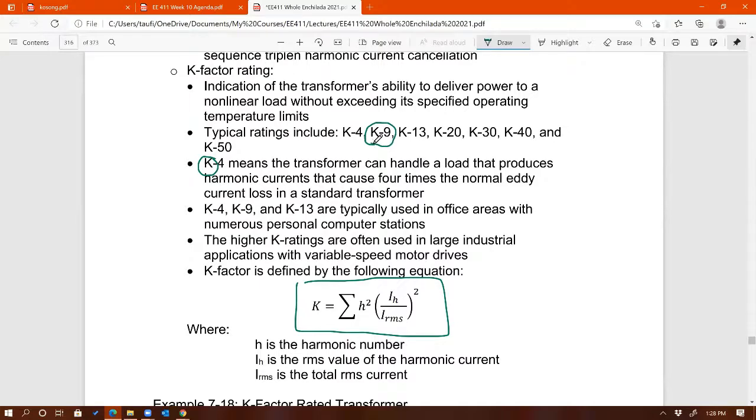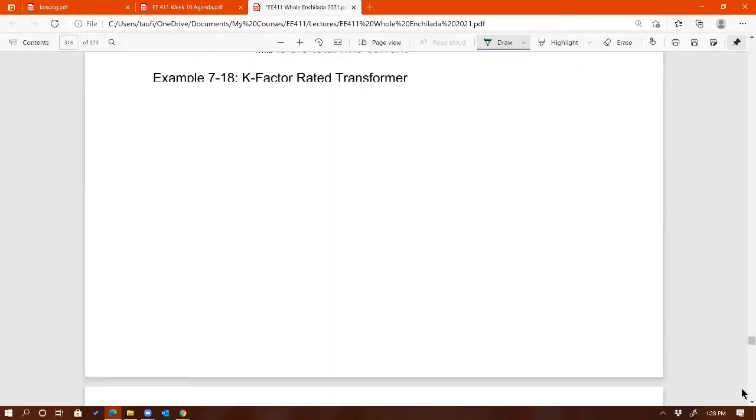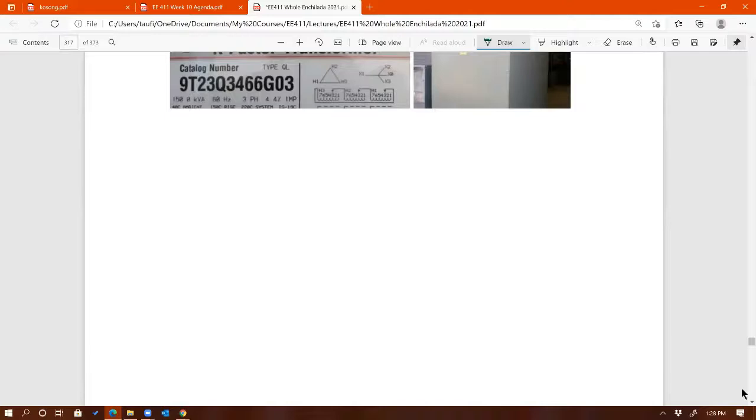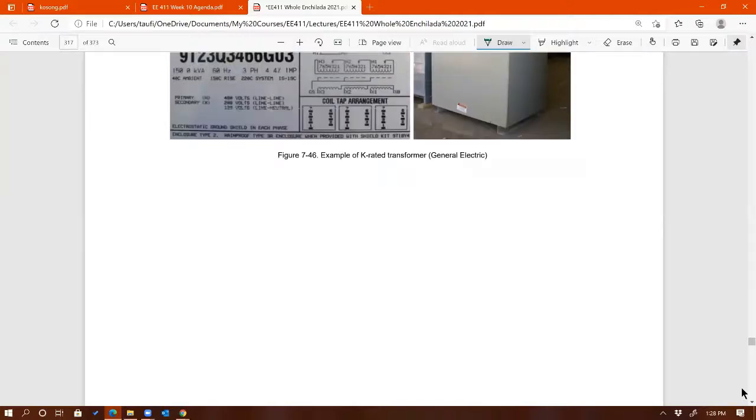So the transformer that we need to purchase is K9, okay? Are there any questions on this? So those are the different ways to quantify harmonics: THD, TDD, DIN, and K factor.